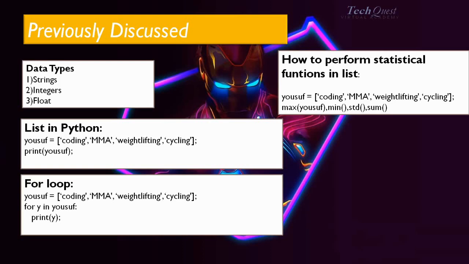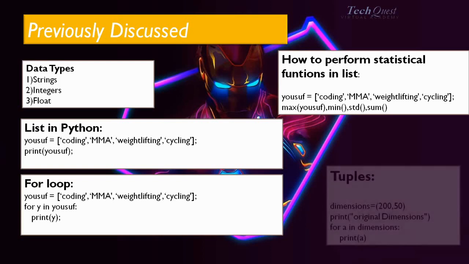But in the case of strings, the maximum function in Python will check which string contains the maximum letters. The string that contains the maximum letters will be printed as the maximum. And the same is the case with the minimum. The string which contains the minimum letters will be printed. And the same is the case with the sum.